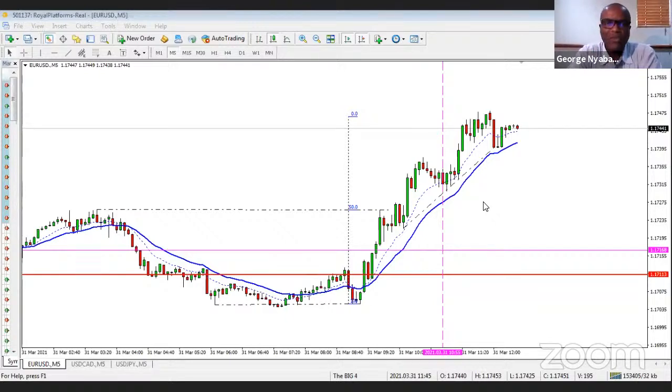Now, that's red news on my calendar, and every time that I have red news, I have to exercise caution. So if you take all those factors into account, the end of the month, end of the quarter, we got ADP non-farm employment change. ADP itself can have some dramatic movements.